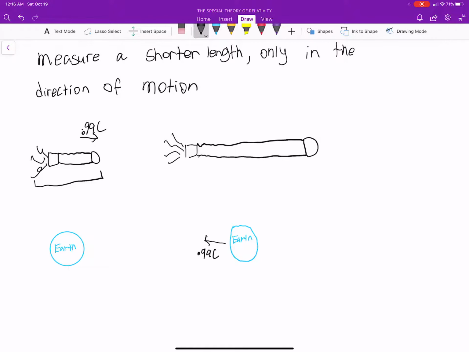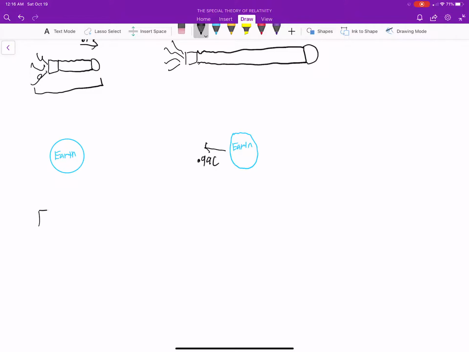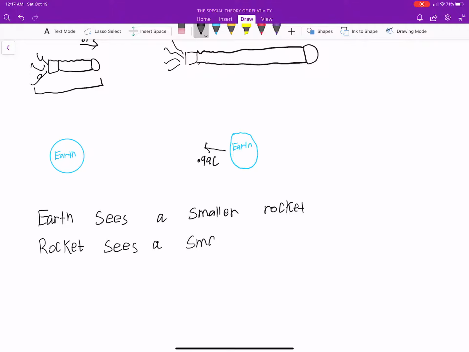So, just to summarize, in this example, Earth sees a smaller rocket, and the rocket sees a smaller Earth.